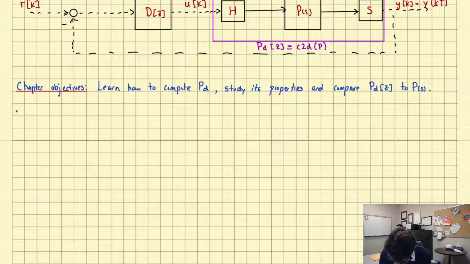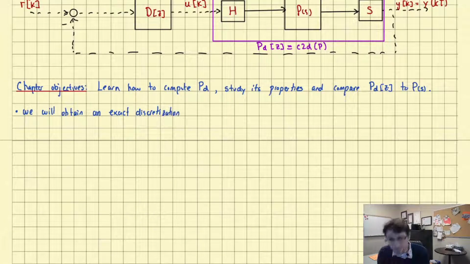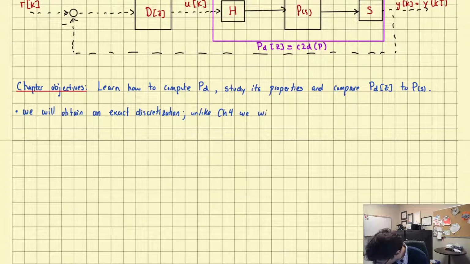So the nice thing about the way we're doing this is that we will obtain an exact discretization. Right? Unlike chapter 4, we will not make any approximations.